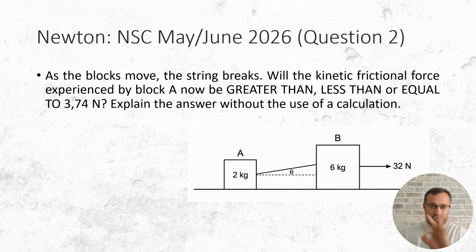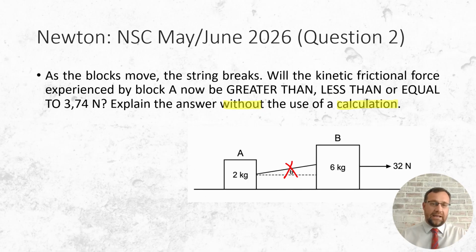Here's our final question worth 3 marks. As the blocks move, the string breaks. Will the kinetic frictional force experienced by block A now be greater than, less than, or equal to 3,74 newtons? Explain the answer without the use of a calculation.